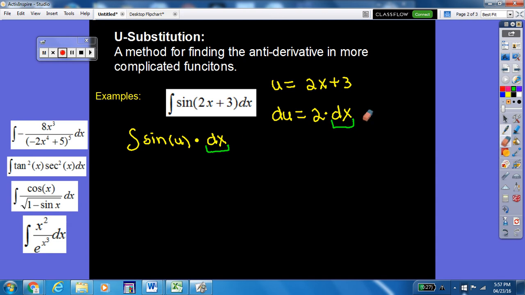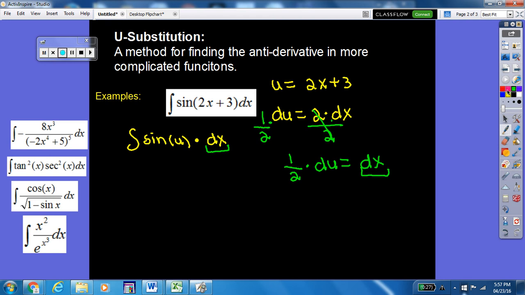Before I can do that substitution, I need to prepare this. I'm going to divide by 2, which is the same as multiplying by a half. What will happen is that I now have a dx alone. So I have 1/2 times du equals dx. That's perfect, because now dx and dx are exactly the same.